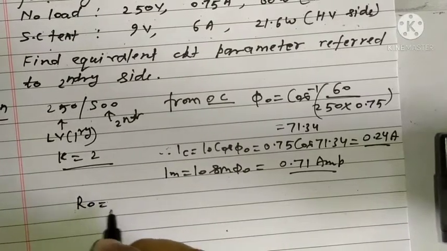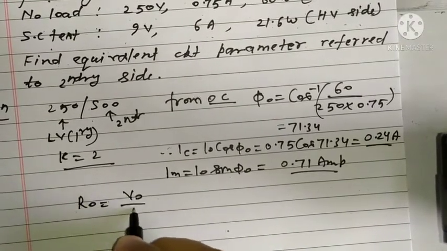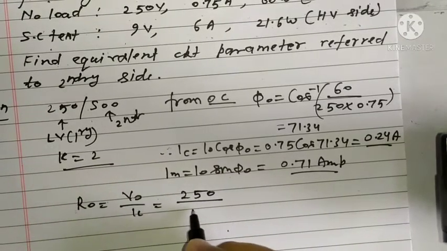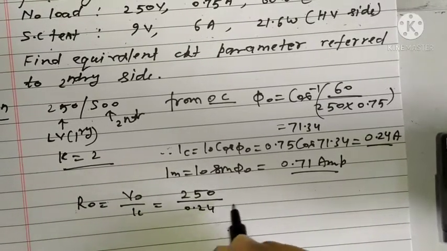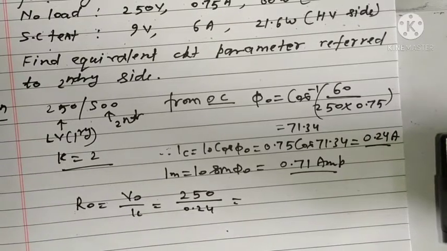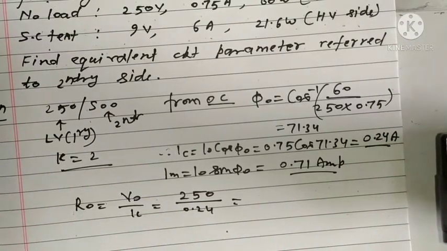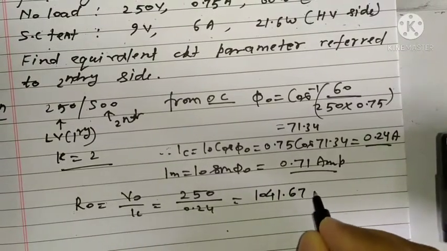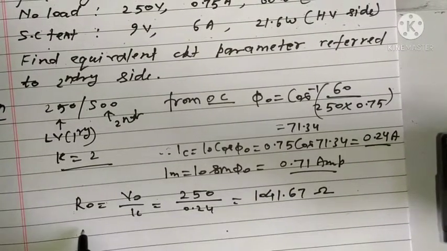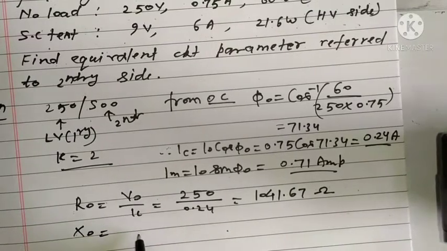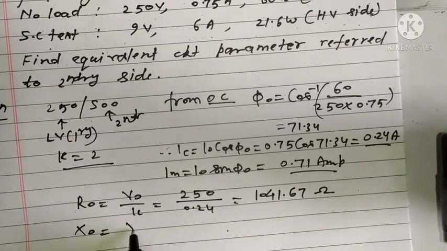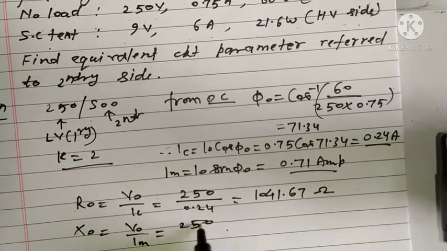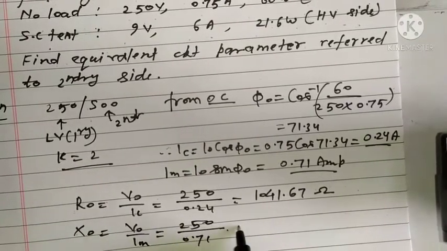So R naught will be V naught by IC. V naught is 250 by IC 0.24. So 250 by 0.24 comes as 1041.67 ohm, and X naught is V naught by IM, 250 by 0.71.